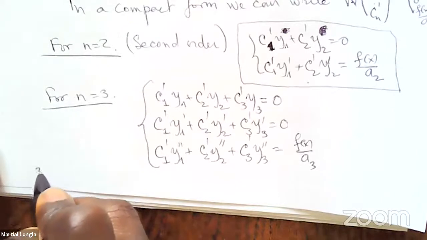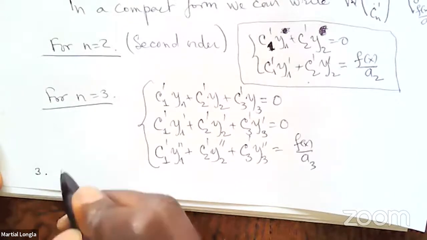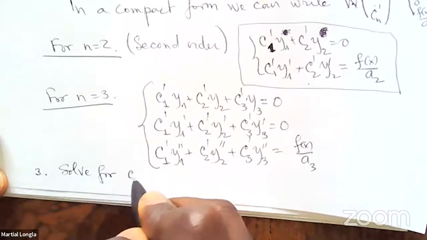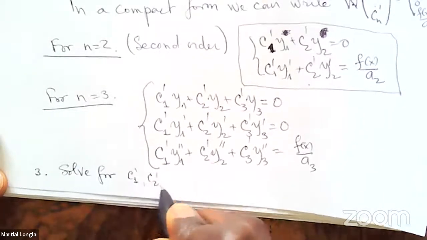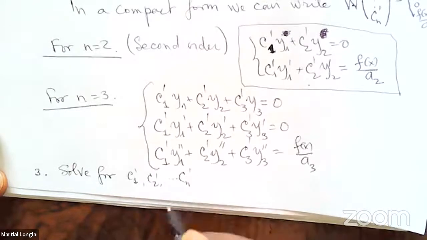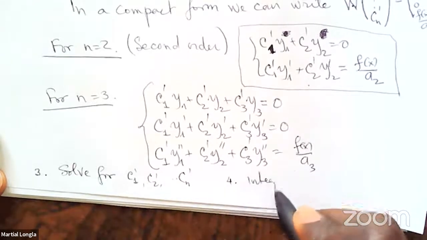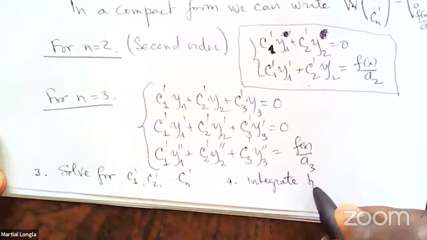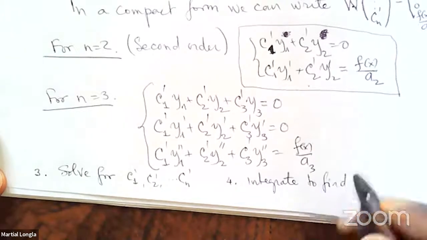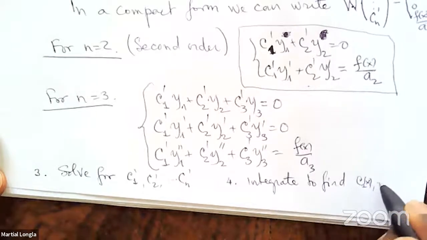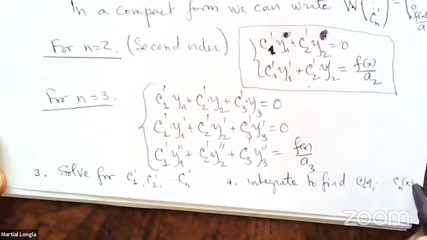On step 3, what you do is solve for C1 prime, C2 prime, Cn prime. On step 4, integrate to get C1 of x, Cn of x.